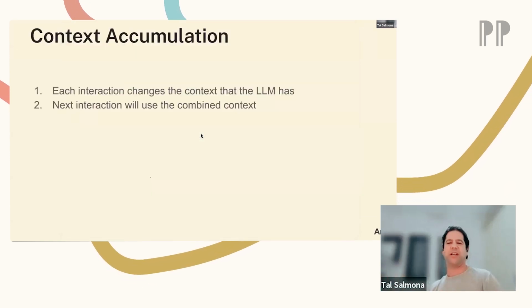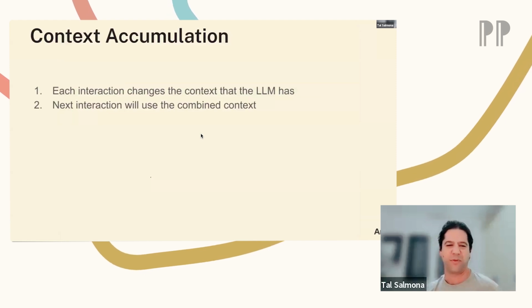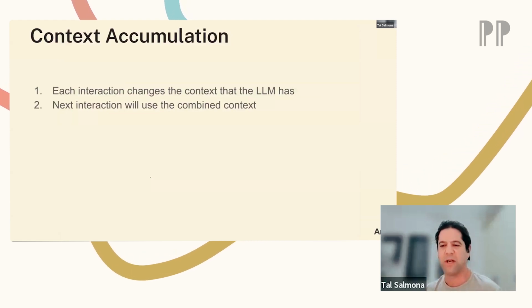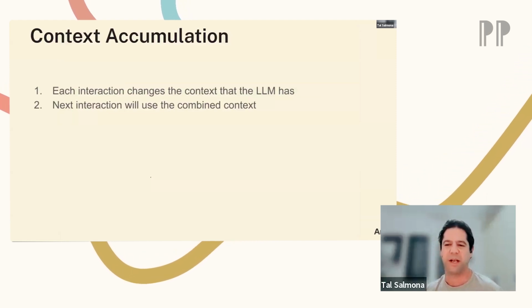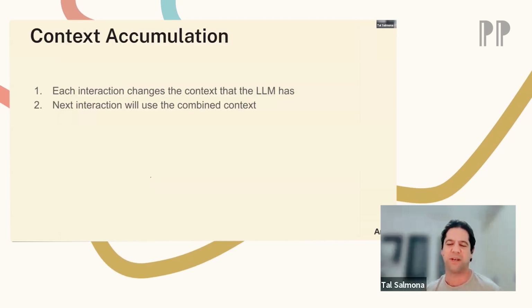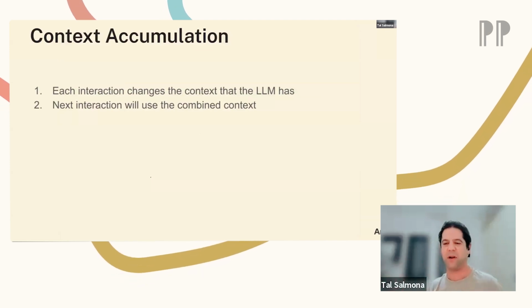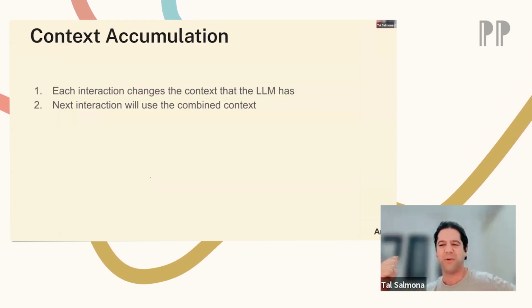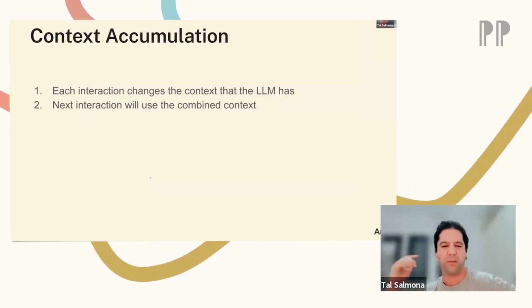Now the challenge here is that there is this concept of context accumulation, right? In the case of a single prompt, it has the LLM knowledge, but it will only reply to my current prompt.